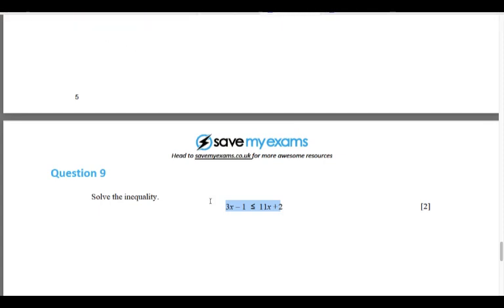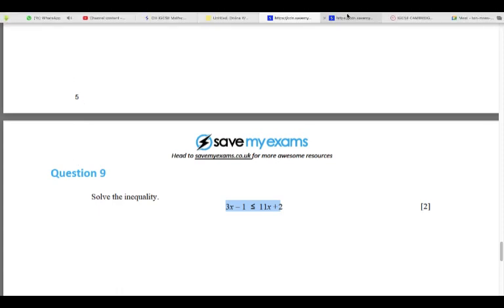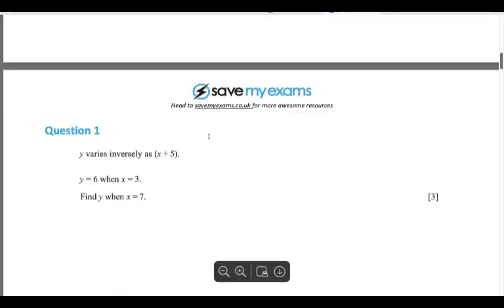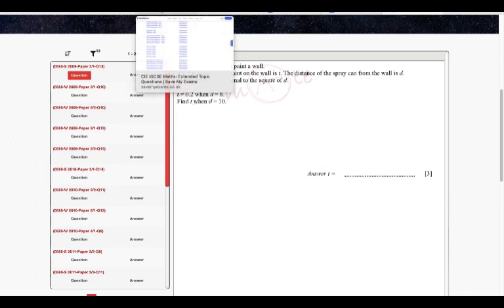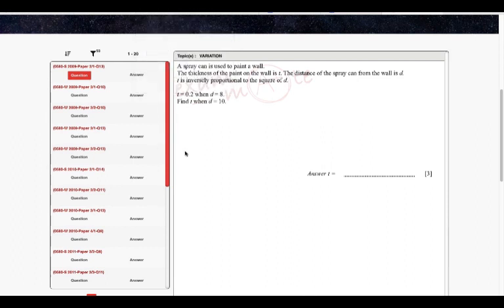So we finished the first one. We have a different type. We're going to open another one now. Inequality. Okay, let's find some inequality questions from here.